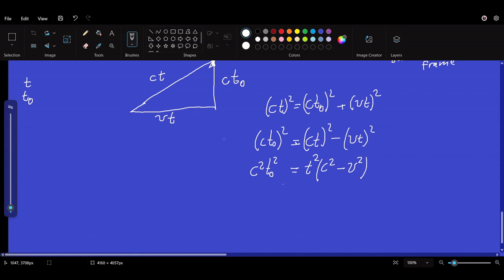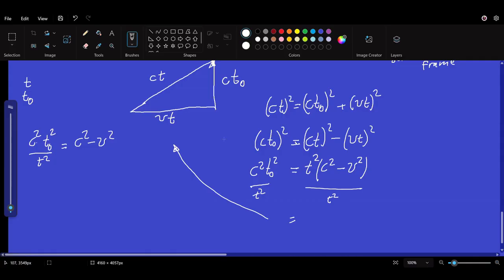At this moment we can actually bring the times together. Let's do it. We divide both sides by t squared, obviously, which leads us here. Let's use space very wisely. So we'll have c squared, and t naught, and then we will have t squared. This will give us c squared minus v squared.